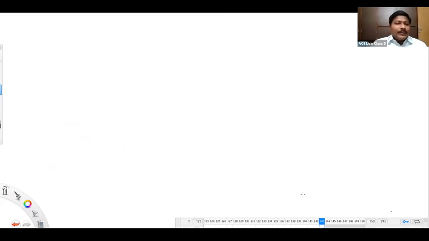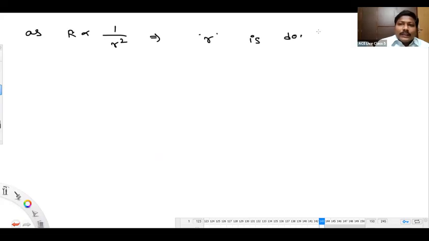Let me show here. As R is inversely proportional to radius square, and the radius is doubled, the resistance value is reduced by 4 times.